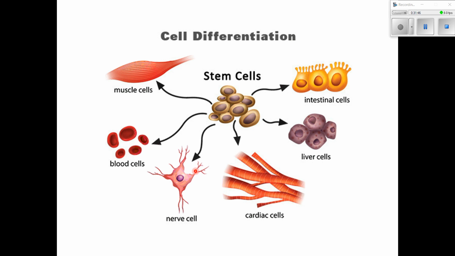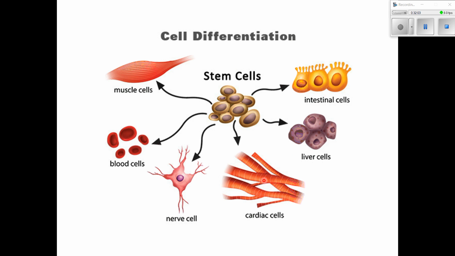The DNA code stays the same. In other words, if you were to take a DNA sample from your own muscles, your own blood cells, your own nerve cells, your own heart cells, liver cells, and intestinal cells, and I think you know this, the DNA would be exactly identical in all those cells.